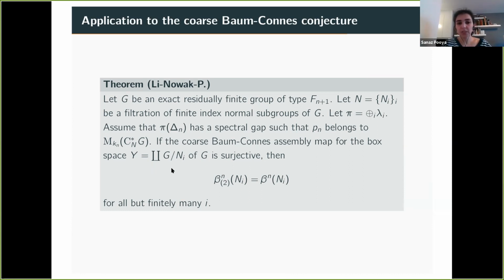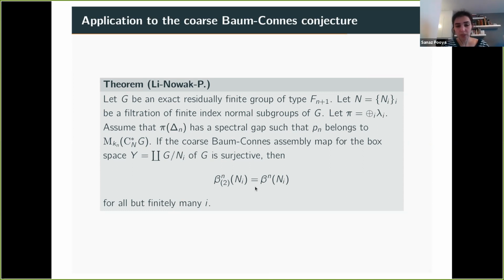A box space is just a metric space associated to a residually finite group, basically. One takes the Cayley graphs of these finite groups, and then from that one looks at the disjoint union, and this will give us a box space, one metric space associated to G.